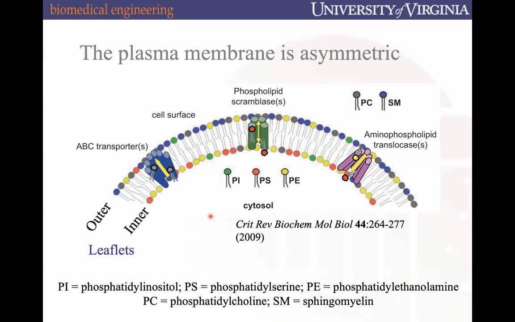There are going to be different types of phospholipid head groups on the inside of the membrane versus the outside of the membrane. You don't have to know which ones are where or the names of these specific enzymes, but it's important to know the asymmetry and that they're not going to move between the inner and outer leaflet on their own, except very rarely.